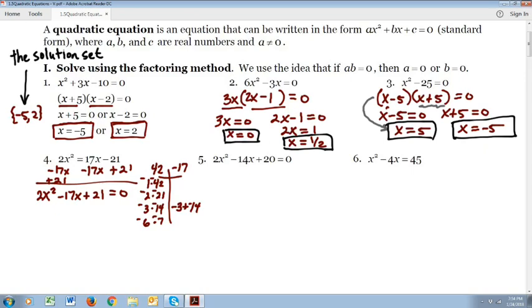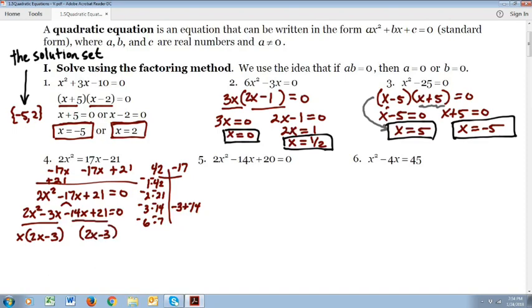So let's go ahead and split our b term into a minus 3x and a minus 14x using those factors we just found. And we can now factor by grouping, so we can factor out an x in the first two terms. We get x times 2x minus 3. We also know if we get a 2x minus 3 here, that's what we're expecting to get for our other factor.